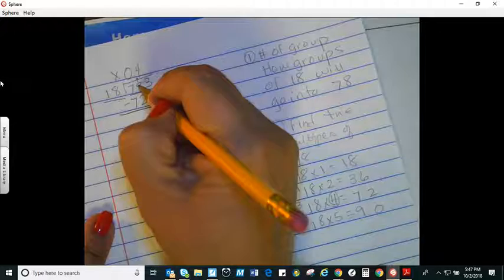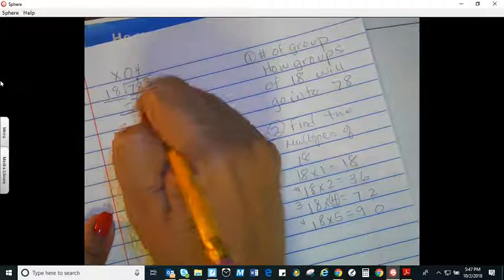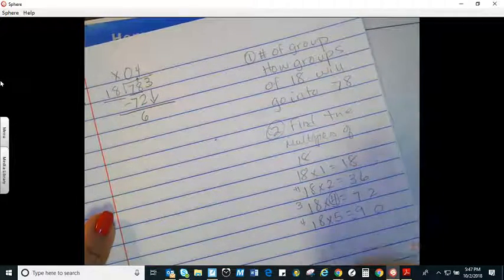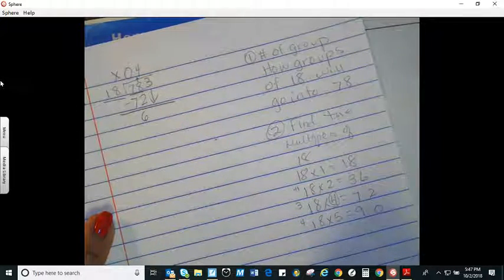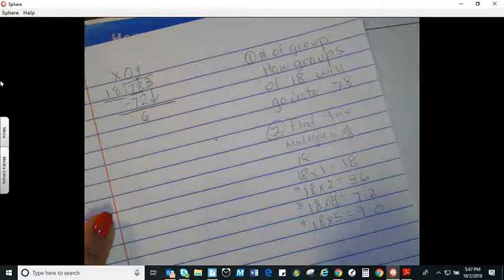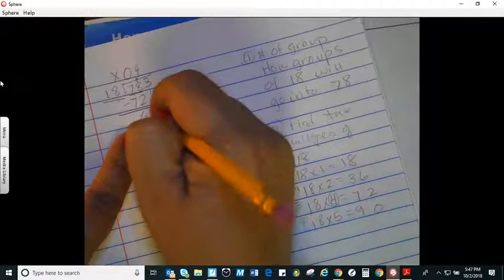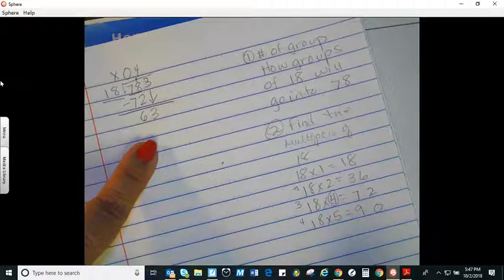And then I'm going to take my difference. 8 minus 2 equals 6. My next step would be to bring down. So I'm going to bring down my 3. And the next step is start again.